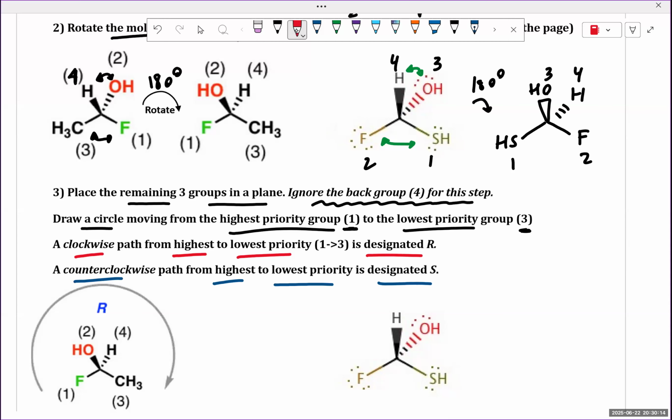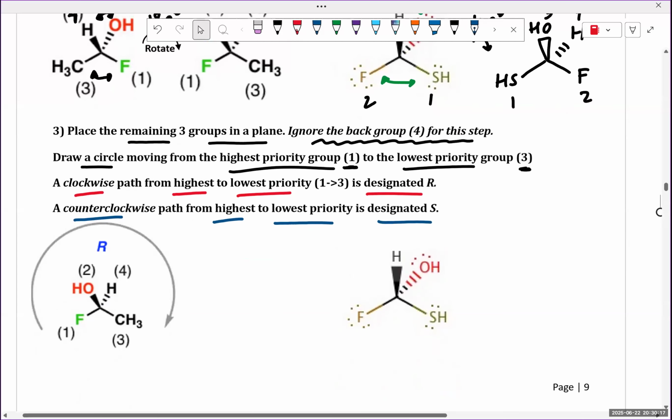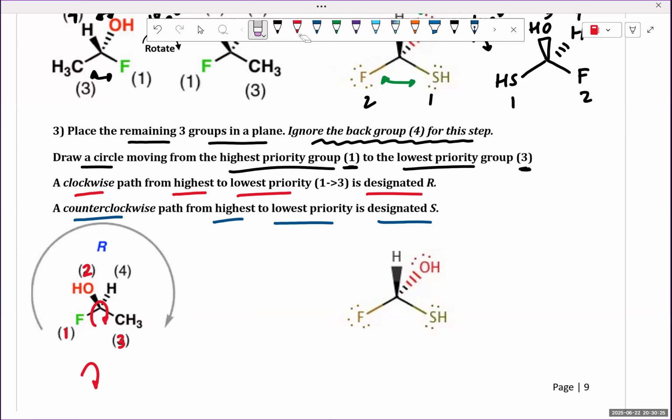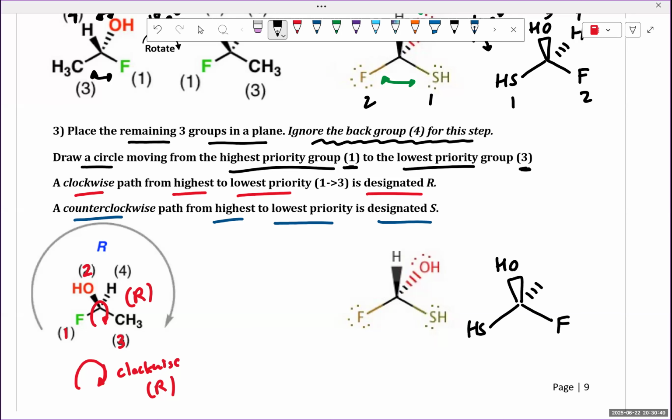So for example, in this molecule here, if we trace from the highest to lowest priority, we see that we are moving from 1 to 3 in a clockwise rotation. So this would be an R stereocenter. In contrast, if we take a look at our redrawn molecule after rotation, our hydrogen is in the back.